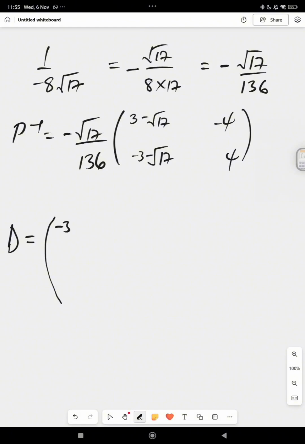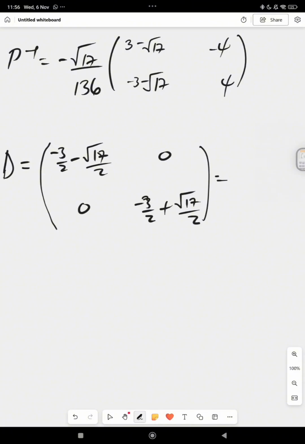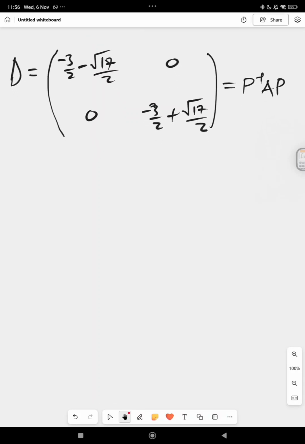You're going to have minus 3 over 2 minus square root of 17 over 2, 0, 0, and minus 3 over 2 plus the square root of 17 over 2. This is your diagonal matrix, which is the same as P inverse AP. You can confirm that by multiplying and checking.